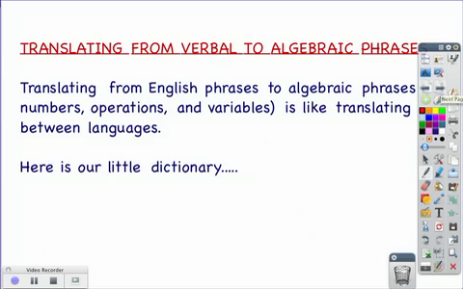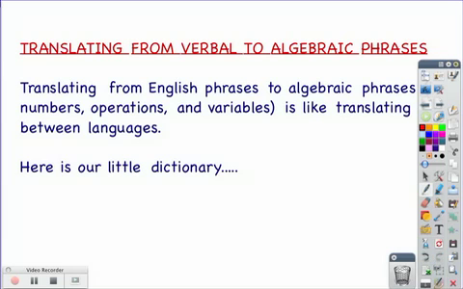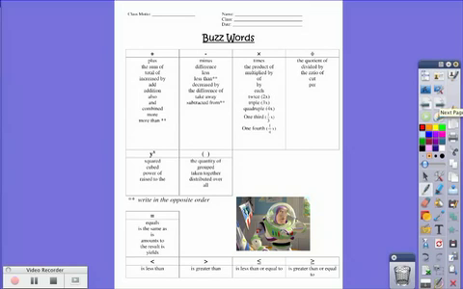This includes different words that represent different operations like addition, subtraction, multiplication, division, when you raise something to a power or have something grouped in parentheses. There are also words that signal when something would be equal to or less than, greater than, etc. So take the time to look at this list and study ones that you may not be familiar with.